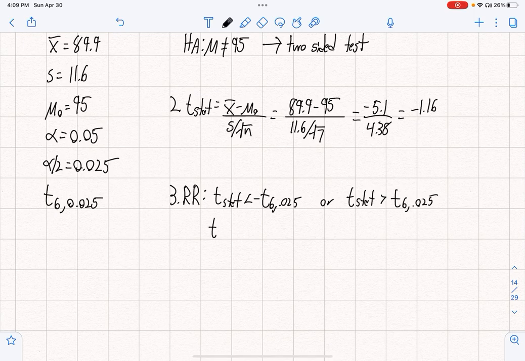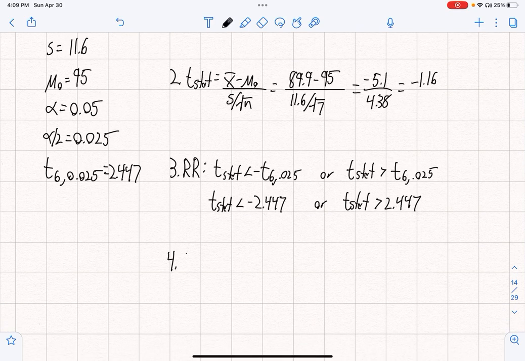So let's plug in. Oh, I forgot to look up this value. Okay, if we looked up t 6, 0.025, this would be 2.447. So returning to our rejection region, t-stat less than negative 2.447, or t-stat bigger than 2.447.